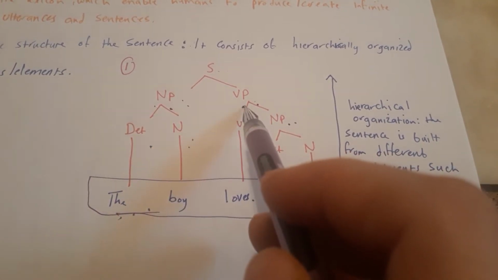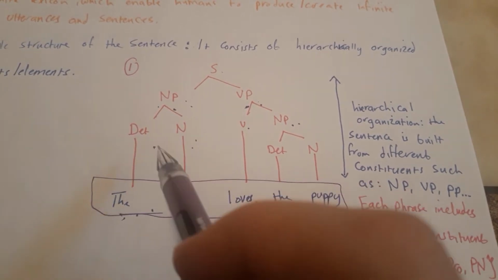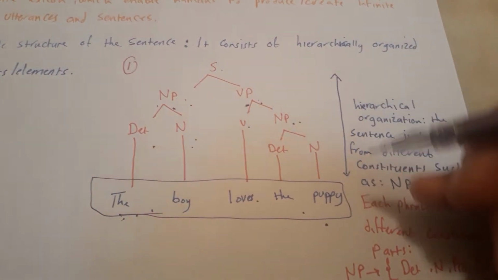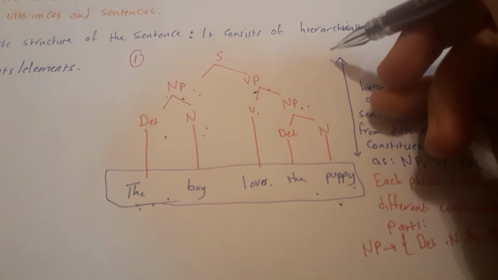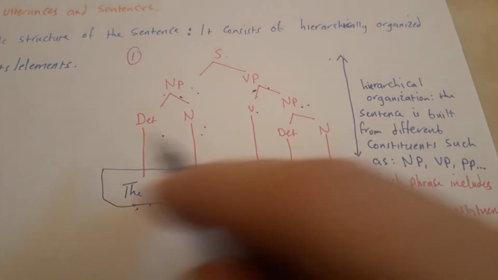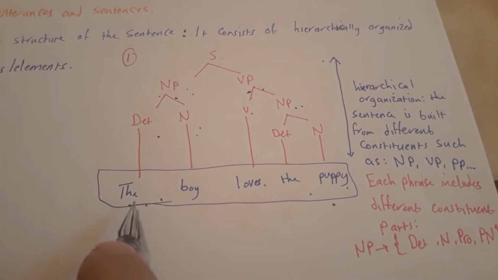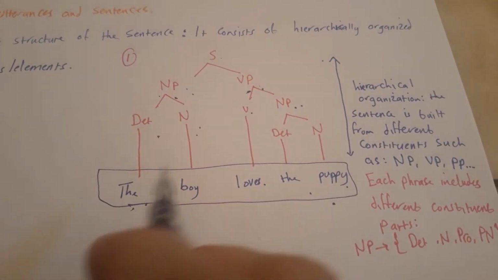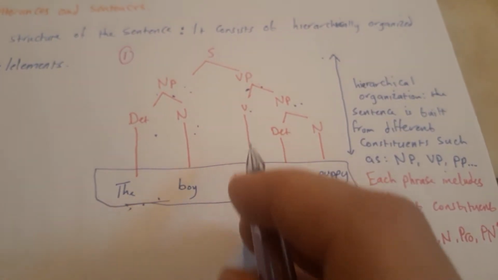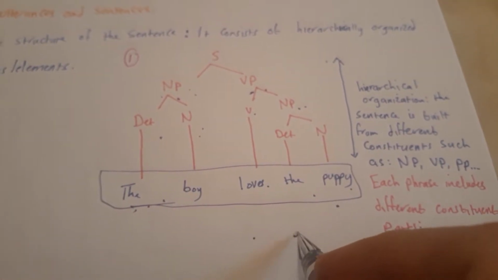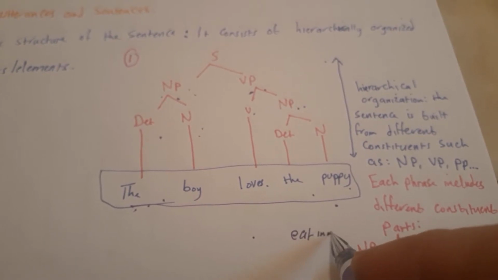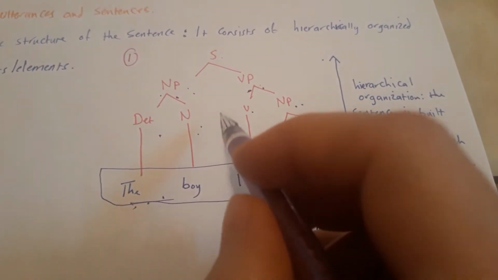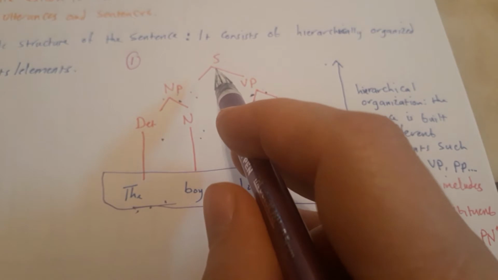Each main element also includes different sub-elements, as you can see. The hierarchy of this structure means that we start from the bottom to the top. So we start, for example, with this NP. We have the determiner and the noun, the boy, which make the NP. Then we have this VP, for example. Let's say we have loves eating. So we have a verb and a noun to create the VP. Now the NP and the VP make the sentence.